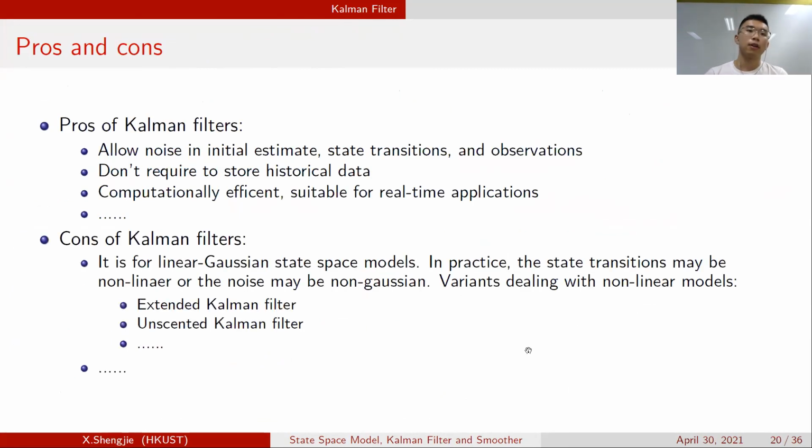The Kalman filter is designed for the easier case, and in practice, your models may be more complicated, so you can use some other variants of the Kalman filter we have shown here. And I know that you mentioned the Kalman filter was designed in 1960, but definitely there will be something new, but it's nothing about the Kalman filter, because the Kalman filter is the optimal solution of the state-based model.